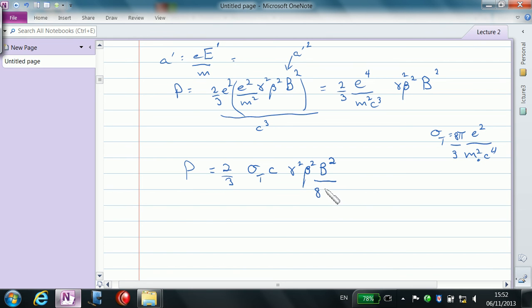It's over 8 pi. But in here it's supposed to be e to the fourth. It is e to the fourth.